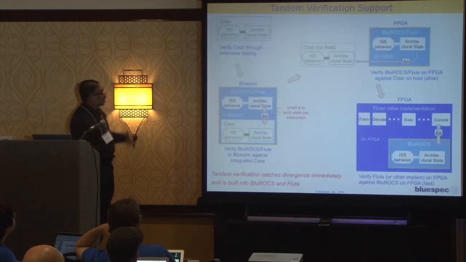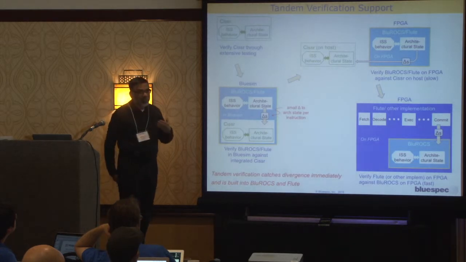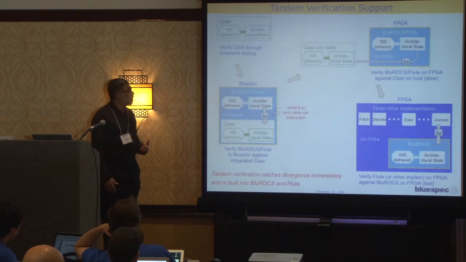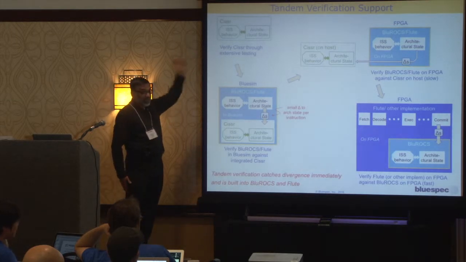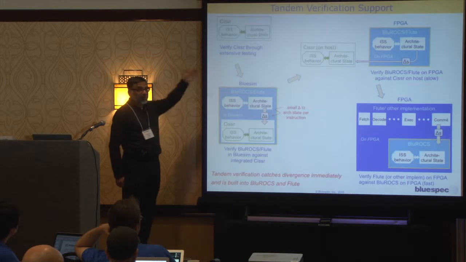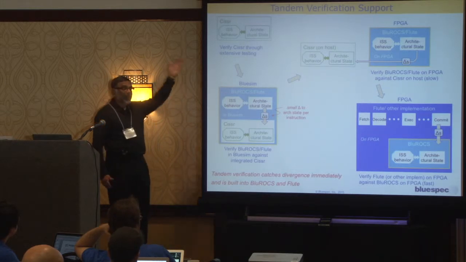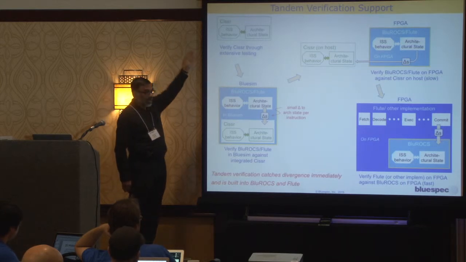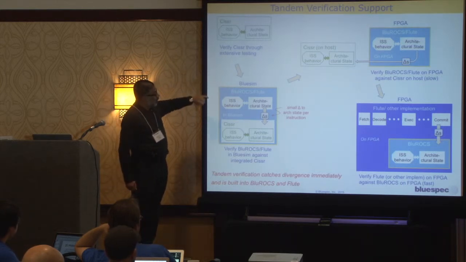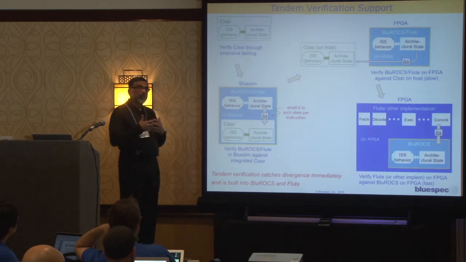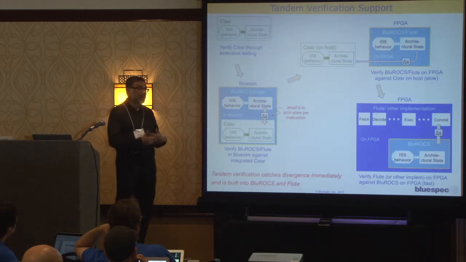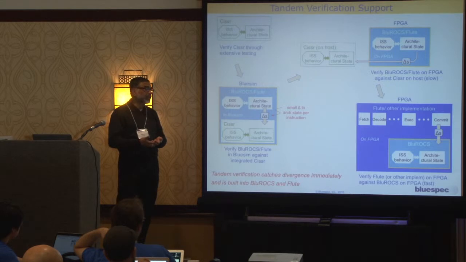Then the other thing is about tandem verification. The way we bootstrap our confidence in the correctness of these systems is we start with a C instruction set simulator, which is not formally verified, but through extensive testing of codes, we build our confidence in that. Then, as shown in this picture, in BSV there is a way to import C functions directly into BSV code when running in simulation.